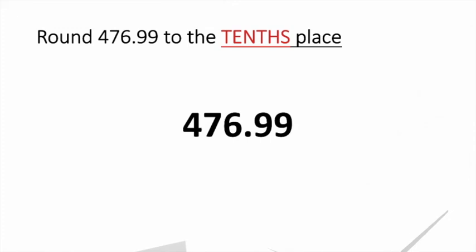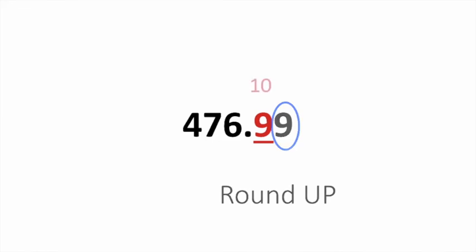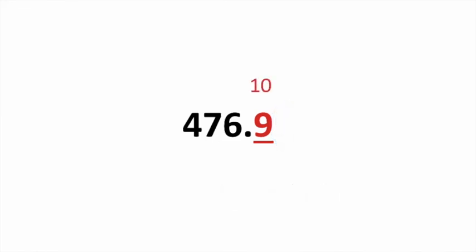Now let's round 476.99 to the tenths place rather than the tens. Once again, let's identify where we are going to round to, and we'll look to the right of that, and we see that we have a 9. Well, 9 is greater than 5, so we're going to have to round this up. But here's where we have to do something a little differently, because what happens if you round 9 up? Well, you get 10, correct?